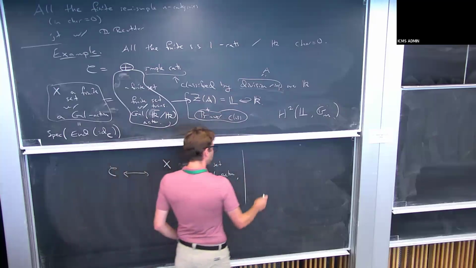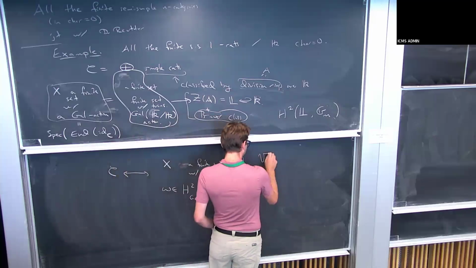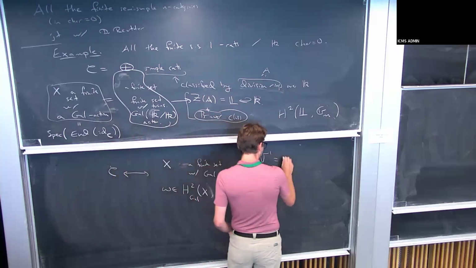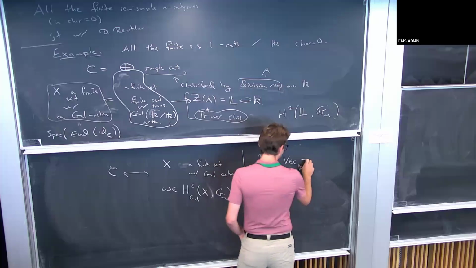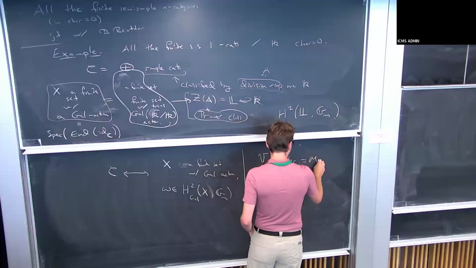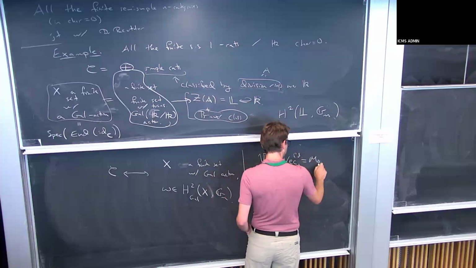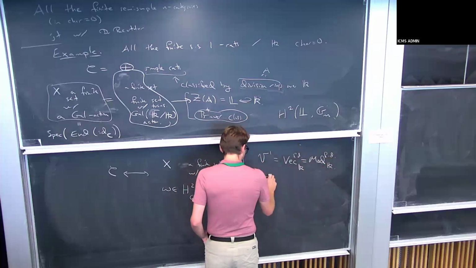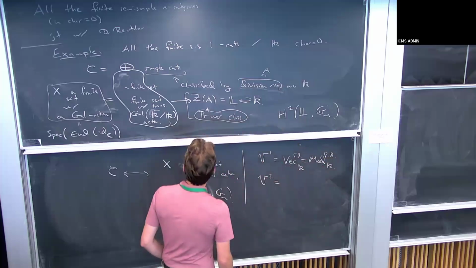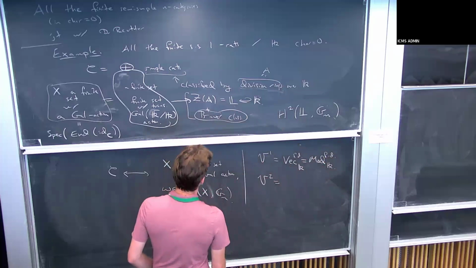I'm going to write curly V1 for the category of vector spaces over my field. So what is that? That's the category of finite dimensional vector spaces. I don't know what an infinite dimensional vector space is. The finite dimensional modules of my field. And let me write V2 for the category of finite semisimple 1-categories.